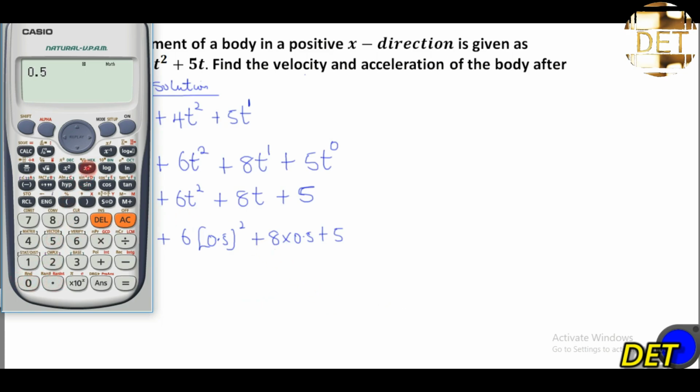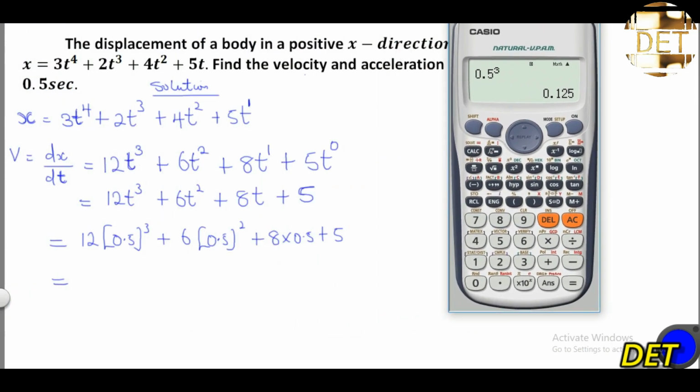So this will be equal to 0.5 raised to the power of 3, which is 0.125, right? So 0.125 times 12 will be equal to 1.5.